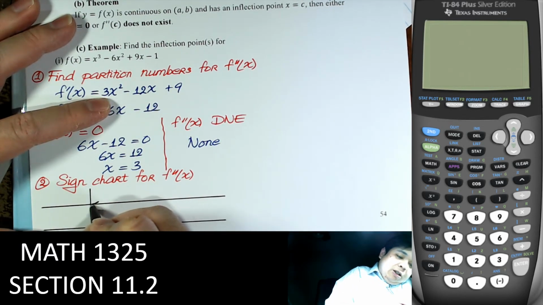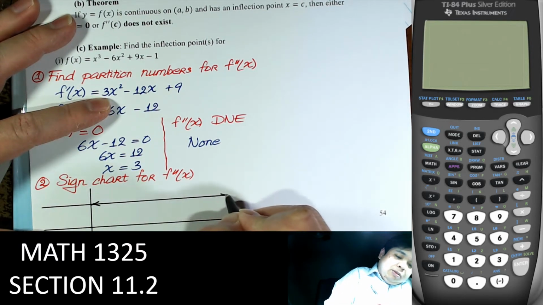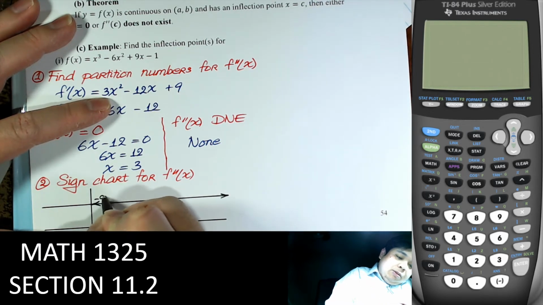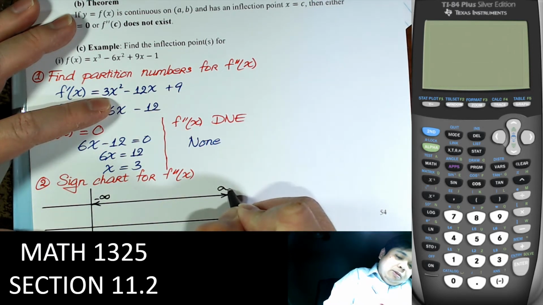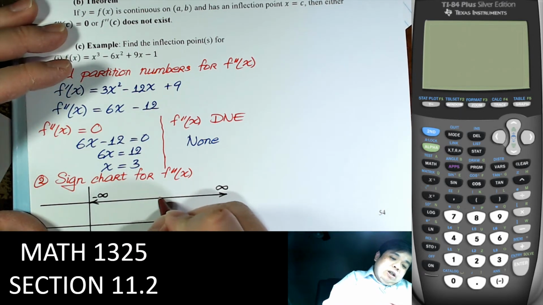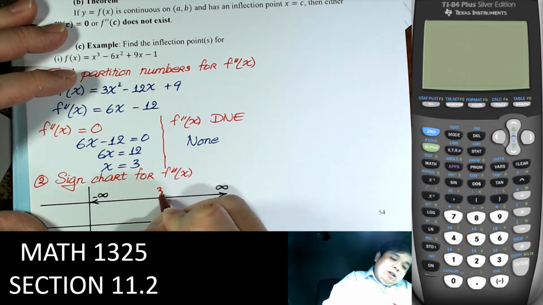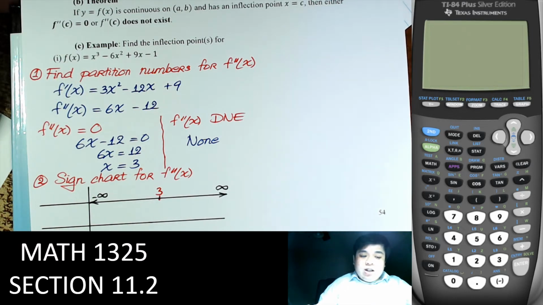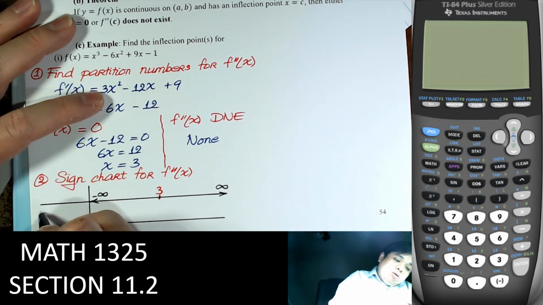We only have one partition number, x equal to 2, and the second derivative we have is 6x minus 12.